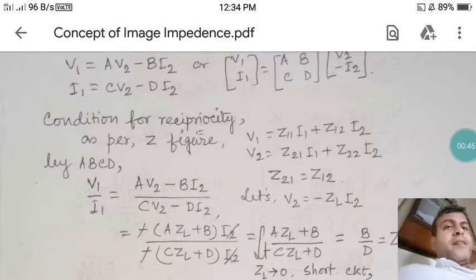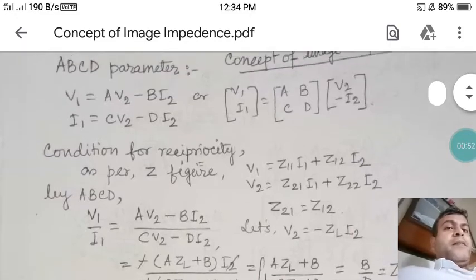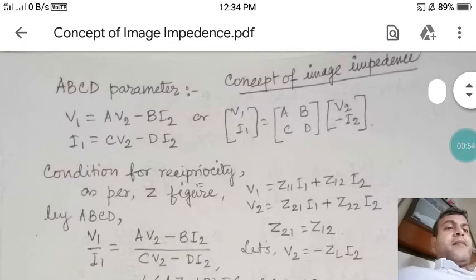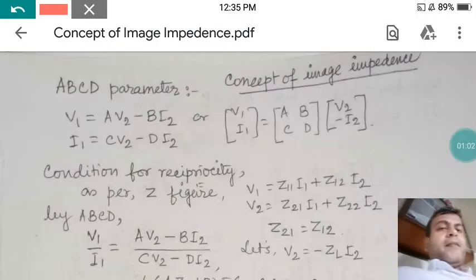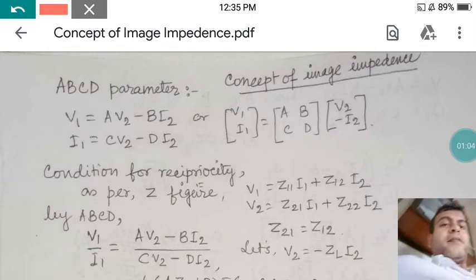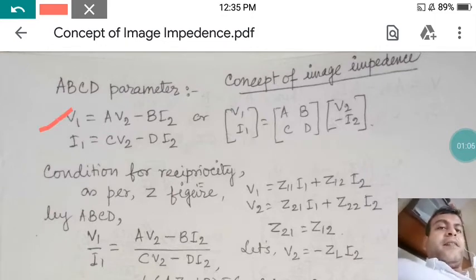So, I have started with the concept of the ABCD parameter. Now, if you write the ABCD parameter, this is V and this is I. Here V1 equals AV2 minus BI2 and I1 equals CV2 minus DI2.